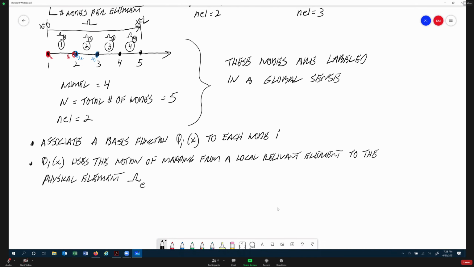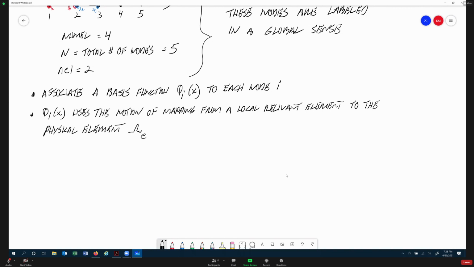And of course, it's going to be convoluted. We're going to take our element and say that this is E, so it's some number, and this is E plus 1. This is our element. These are our node numbers. We're just referring to it as E and E plus 1. This is our x-axis.